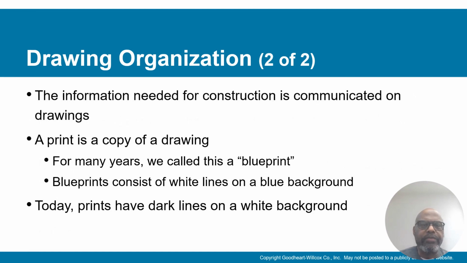The information needed for construction is communicated in drawings by using lines, and these lines are developed very specifically. In other words, certain lines and the way it is drawn will give you information.